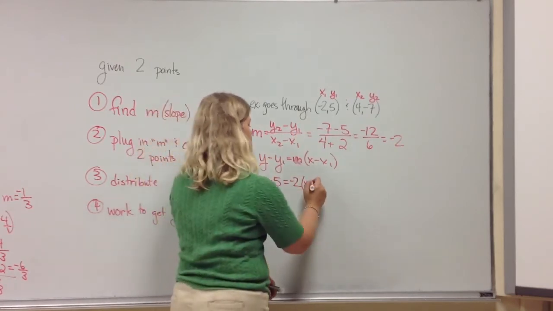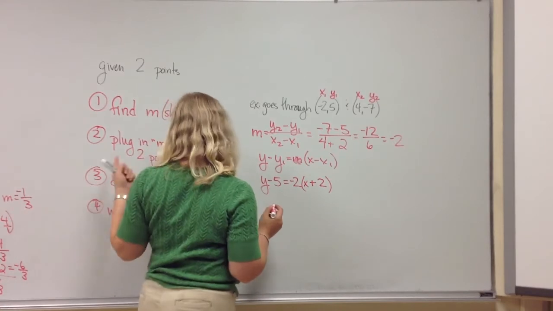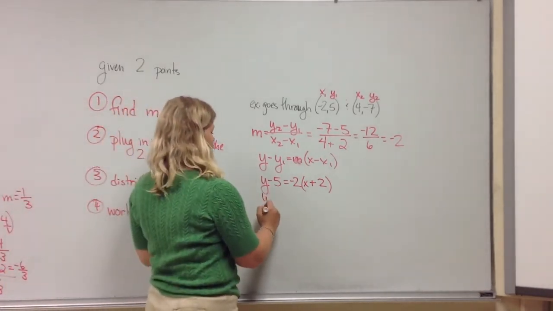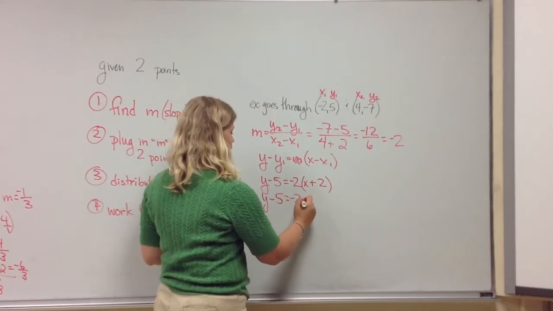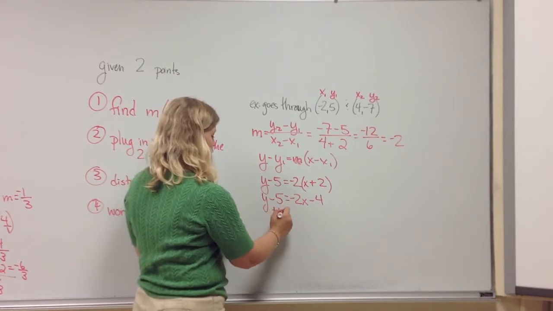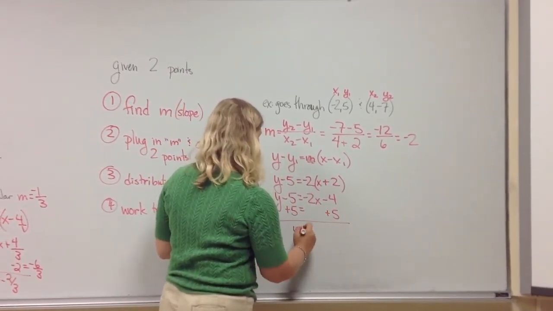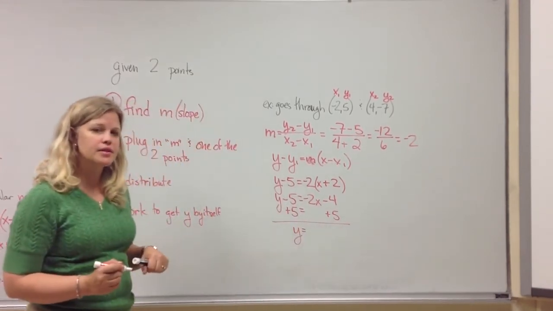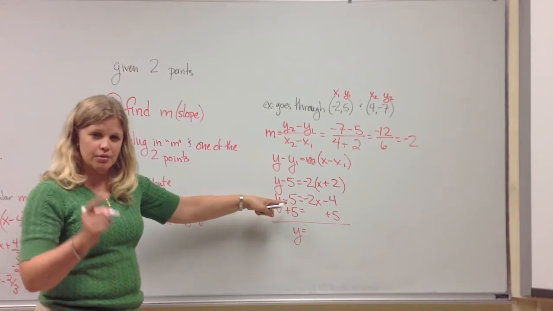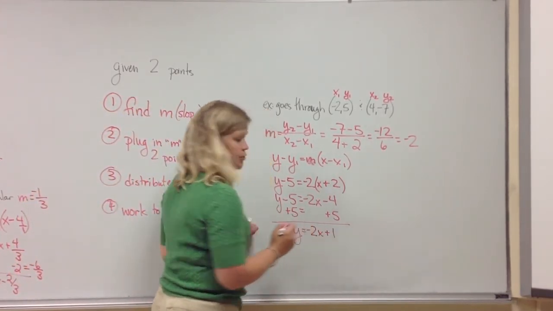Minus a negative 2, that's like adding 2. Okay, what do we do next? If you check the steps, distribute. So we get negative 2x minus 4. We've got to work to get y by itself, so this time we're going to add 5. I wonder if any of you can realize why we're adding 5 this time instead of subtracting. Because this was a negative to begin with? Very good.